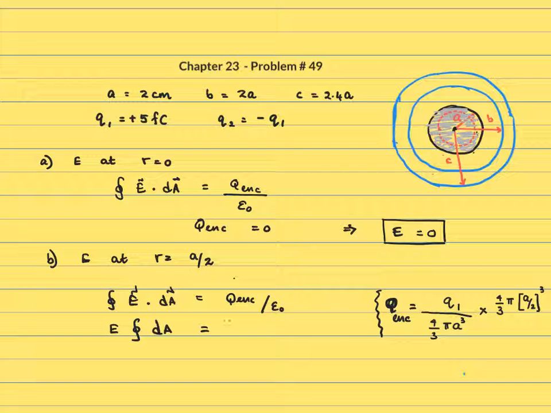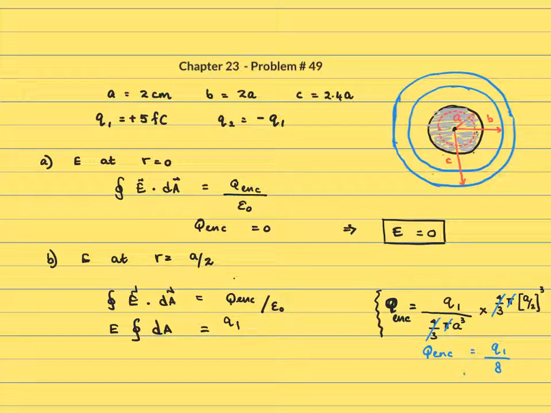So enclosed Q equals Q1, and the 4/3 cancels out, pi and pi cancel out, and a to the power 3 and a to the power 3 also cancel out, and here you will get Q enclosed equals Q1 divided by 8.